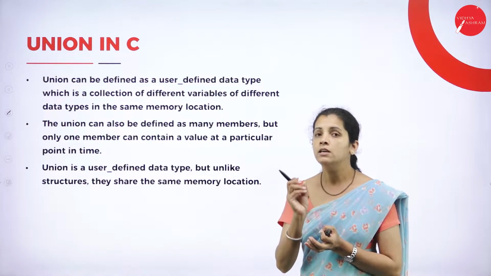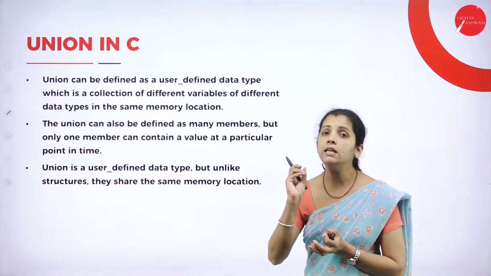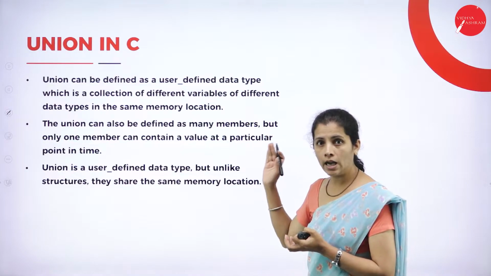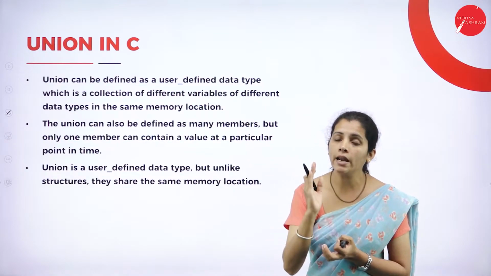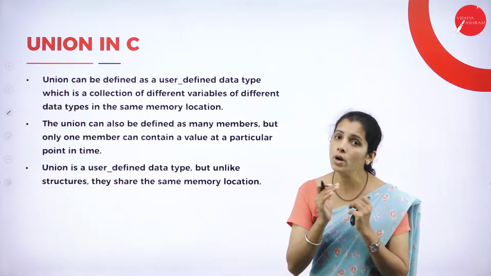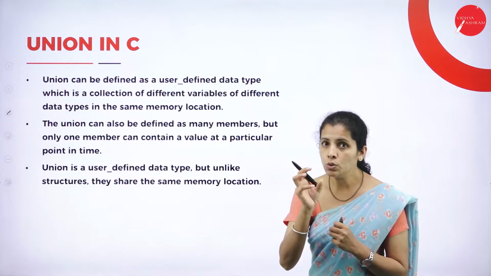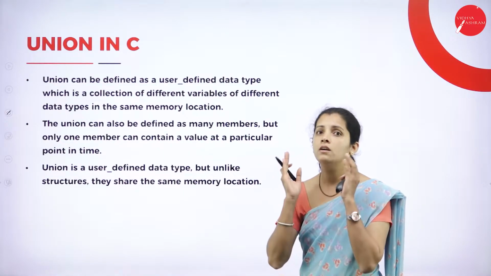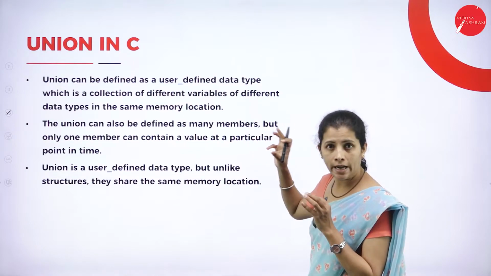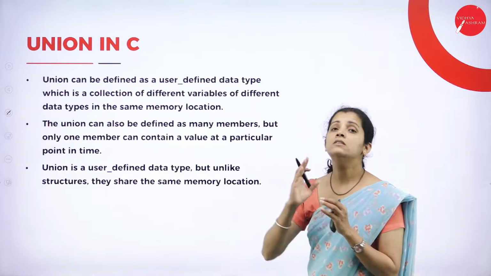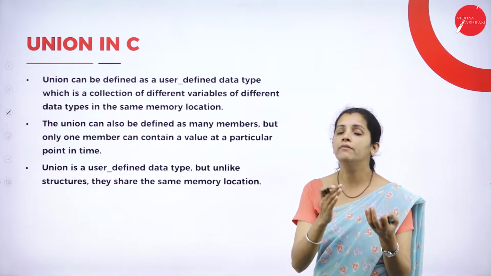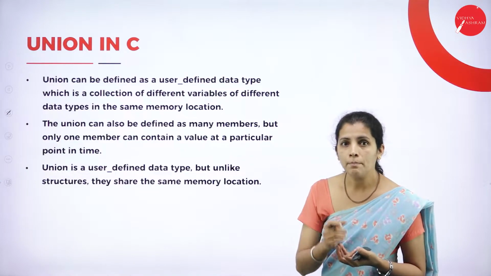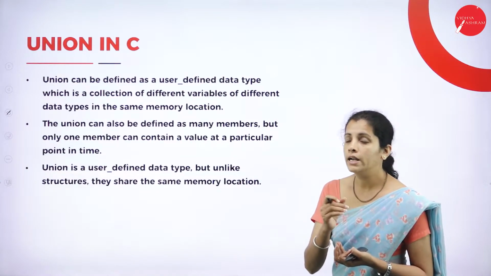So dear student, listen here that union is also an example of a user-defined data type. That means the user can define their own data type by using predefined data types. Whatever members I'm going to define in my data type may have the same data type or different data types, but still union is an example of a user-defined data type.